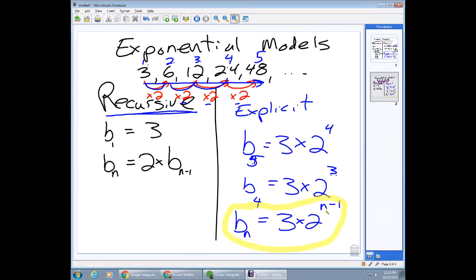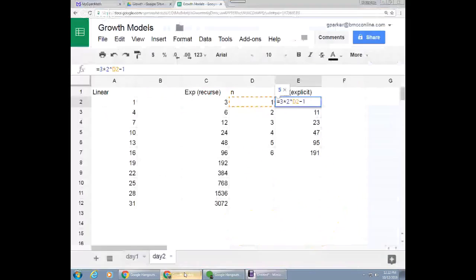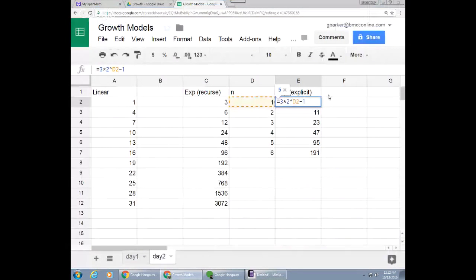It's implied you have to do that before you can use it as a power. First step is to take away 1, then you can use it as a power. To tell the computer to do the same thing, I have to put the power in parentheses. So anytime your power is complicated, it's got to go in parentheses. So I put it in parentheses and hit enter. Now it should compute the numbers correctly.